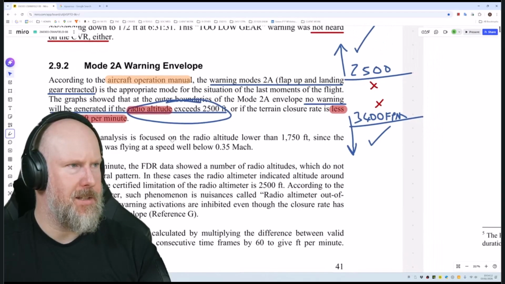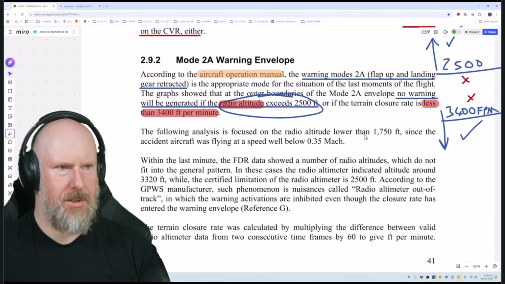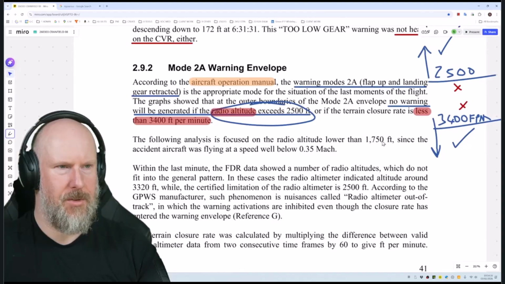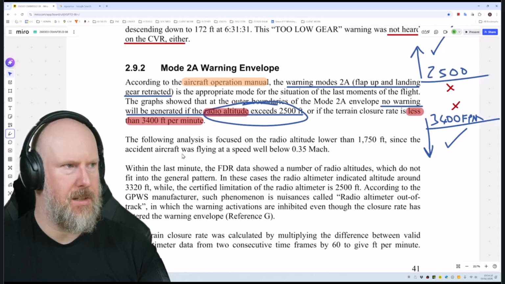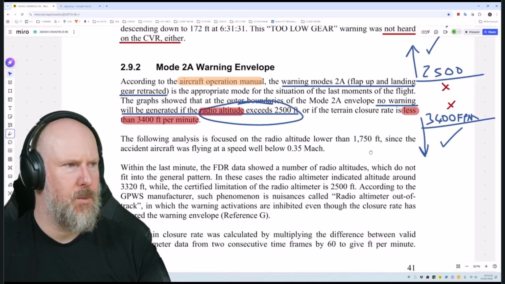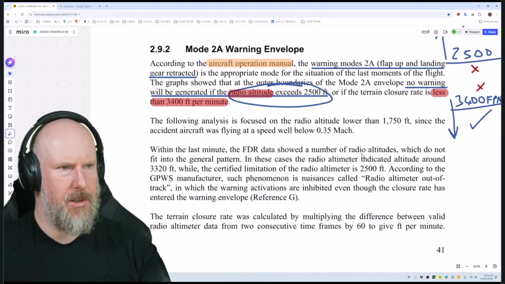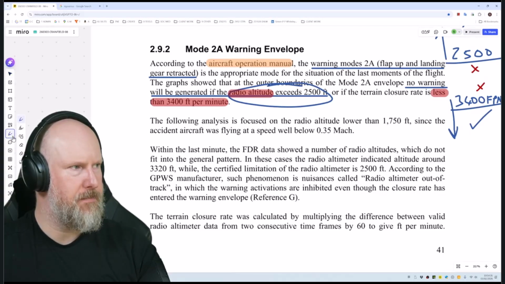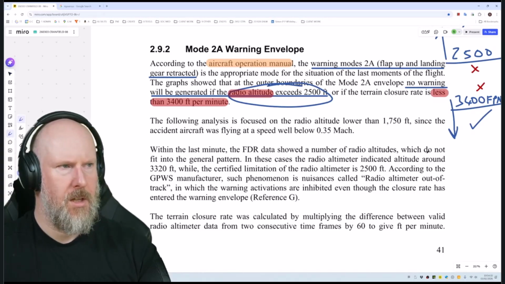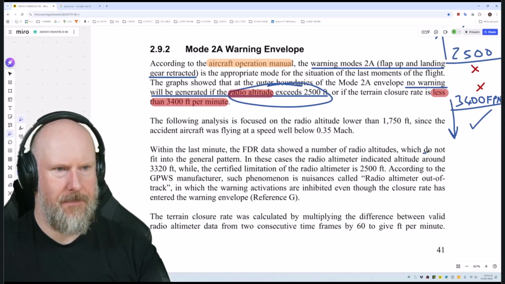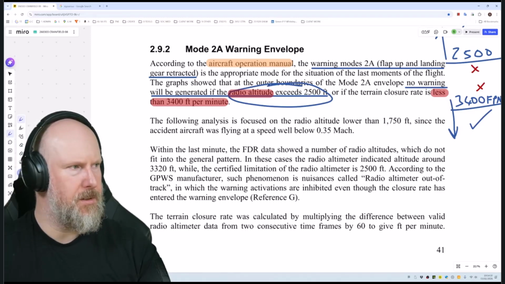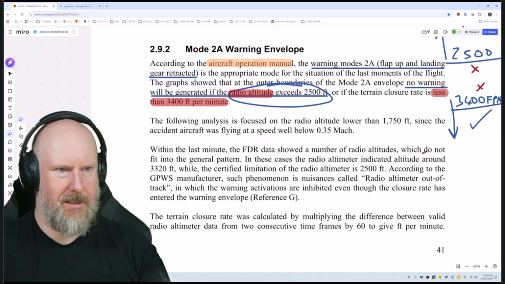The following analysis is focused on the radio altitude lower than 1,750 feet, since the accident aircraft was flying at speed well below Mach 0.35. Within the last minute, the FDR data showed a number of radio altitudes which do not fit into the general pattern.